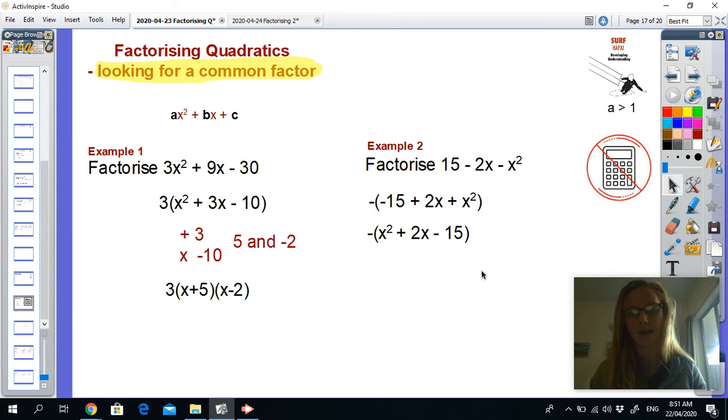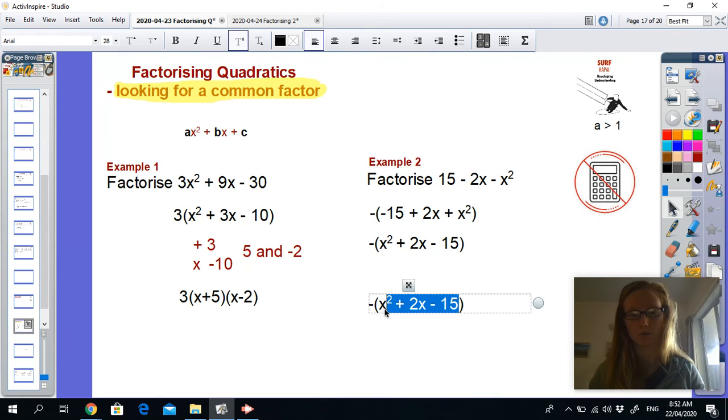And now what we have, by taking out that factor of negative 1, is within that bracket, again, just like on the left-hand side, we have a quadratic that we can see will factorize into some double brackets. Again. Okay.